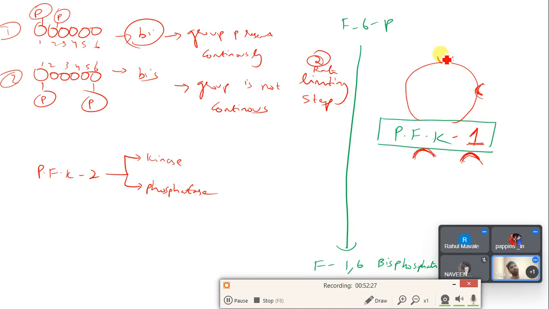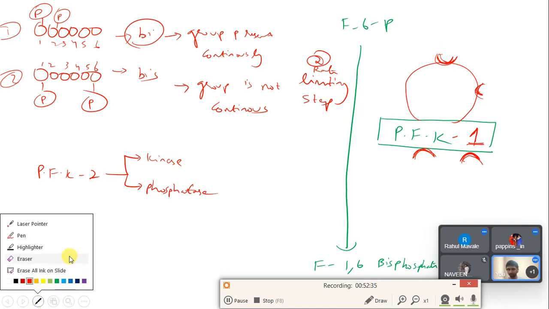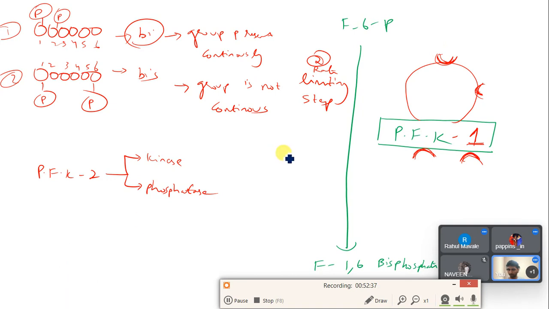When the cell is proceeding further into the glycolytic cycle, what is the first main product that we get from glycolysis? We get energy, right? Energy in the form of ATP and NADH. We are not discussing NADH because there is no point here, but the first thing is ATP.